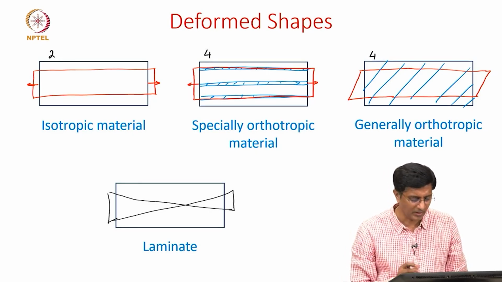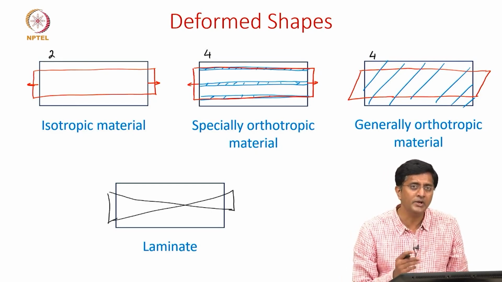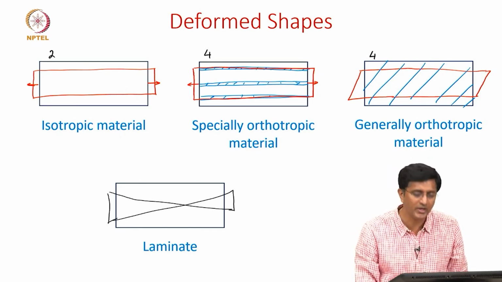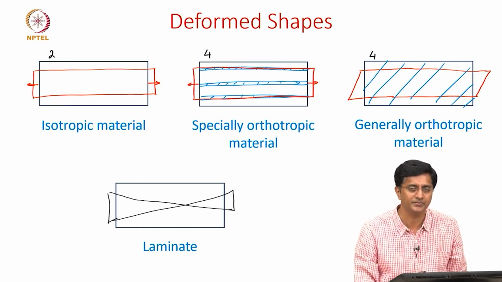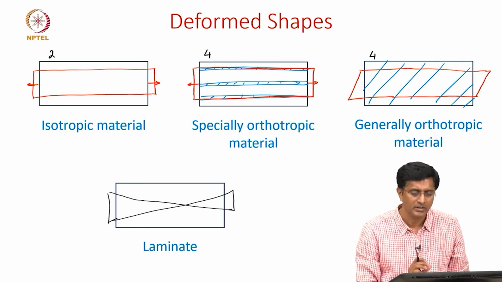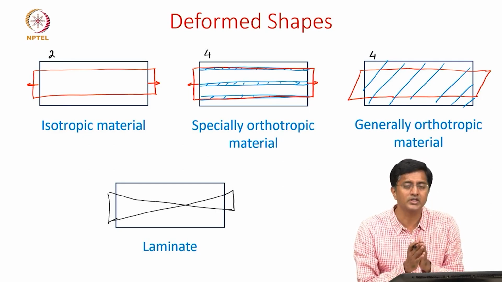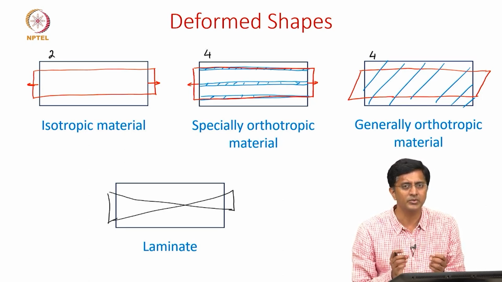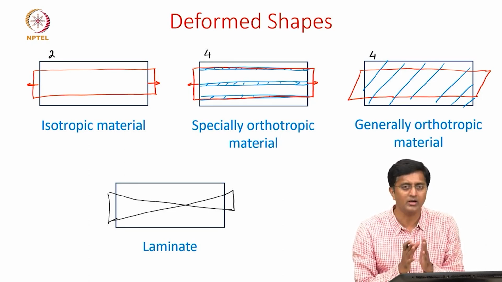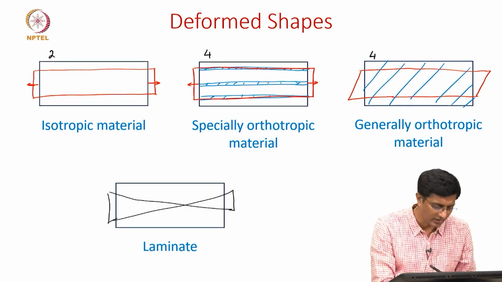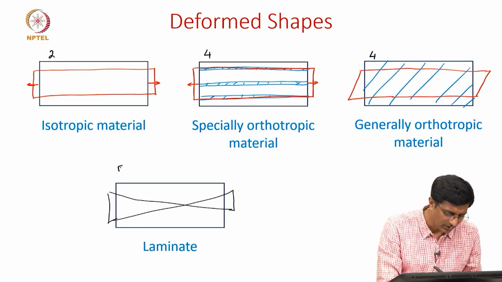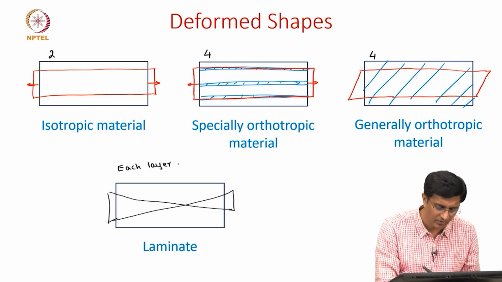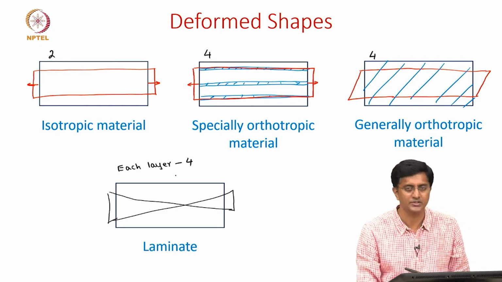Okay. But the question is, how many independent elastic constants do we have in a laminate? It all depends on what layers we are choosing for this laminate. But let's say, for example, all laminas are made from the same material. For each layer, we will have 4 independent constants.